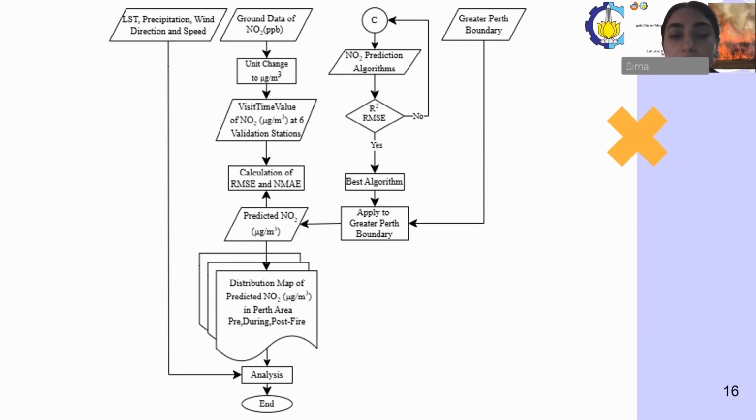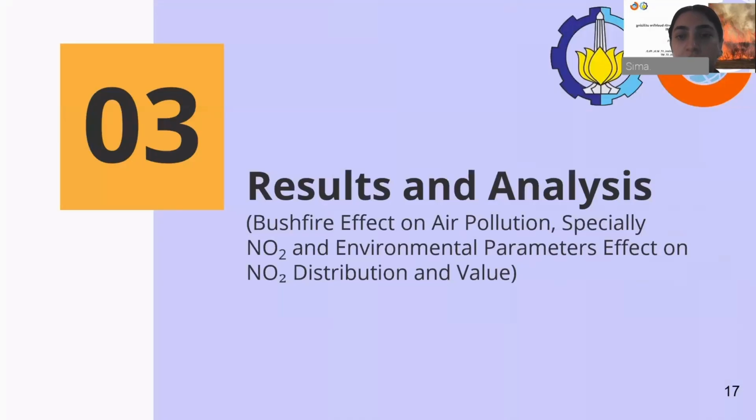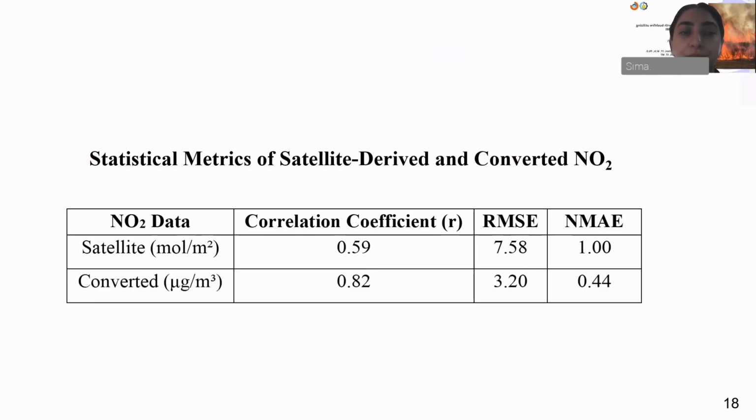Then from the predicted nitrogen dioxide, the distribution map of nitrogen dioxide in the Perth area pre, during, and after the fire was created, and these distribution maps and data were analyzed with additional data, including land surface temperature, precipitation, wind direction, and wind speed. Results and analysis.